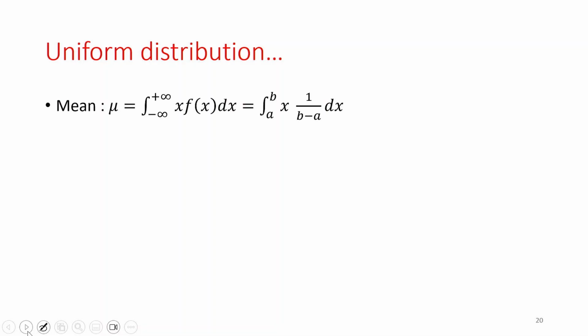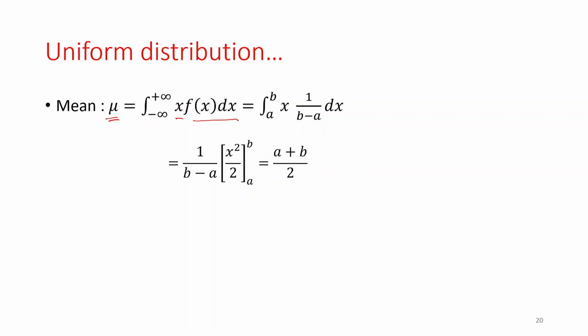So this is an extremely simple type of distribution, and there are some applications that we also will see. The mean of the uniform distribution, if we want to find out the value of the mean, which is mu, we have to take x f(x) dx. This we have already done earlier, that f(x) dx has to be multiplied by x, over the entire limit, that is the values that x can take.